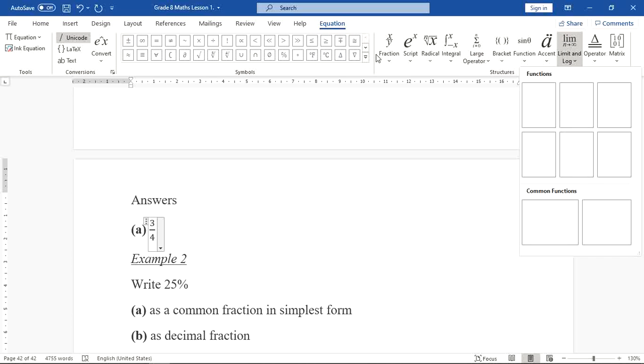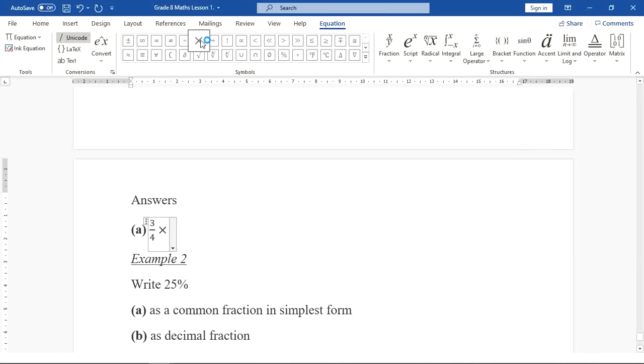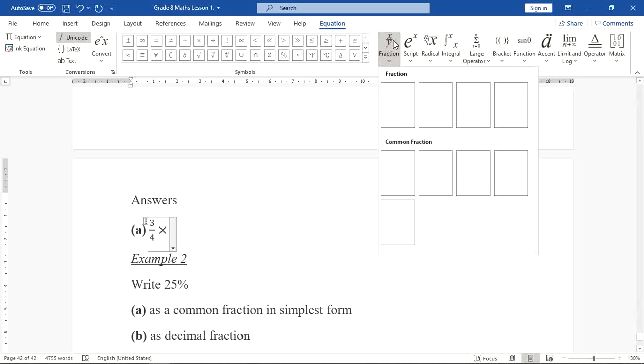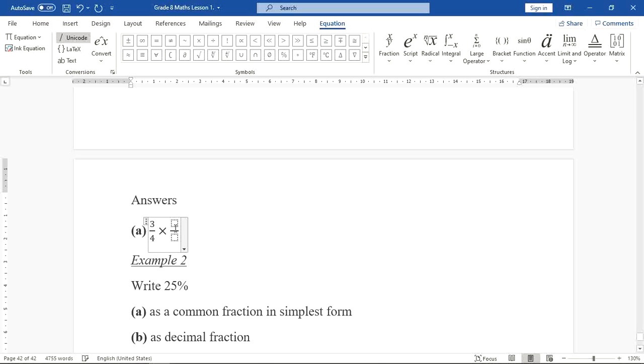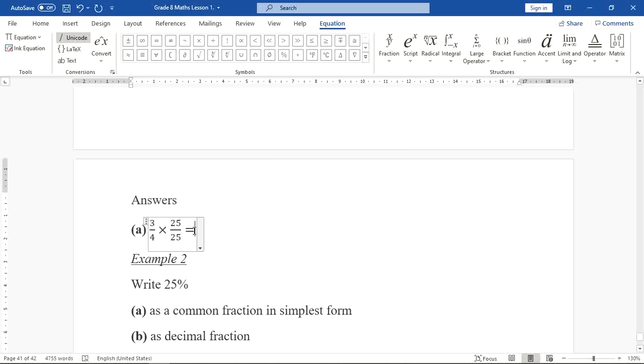So we put up a multiplication sign, and then we multiply the numerator and the denominator by 25 over 25.